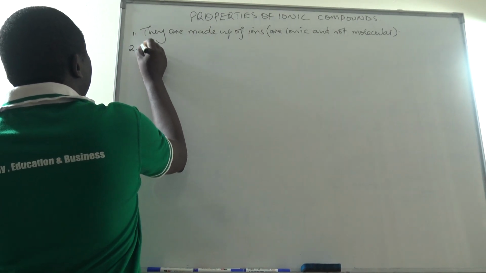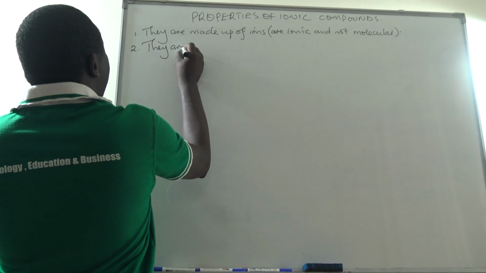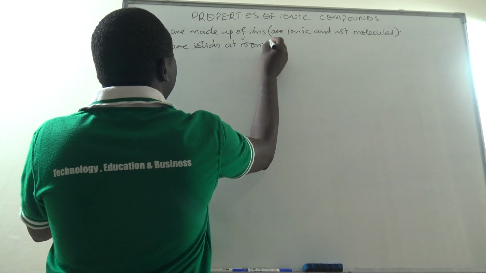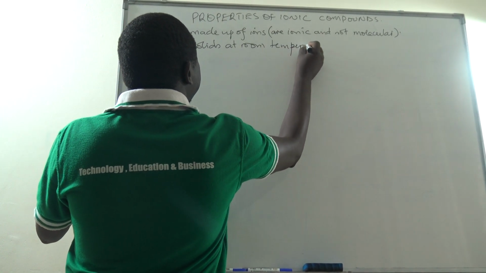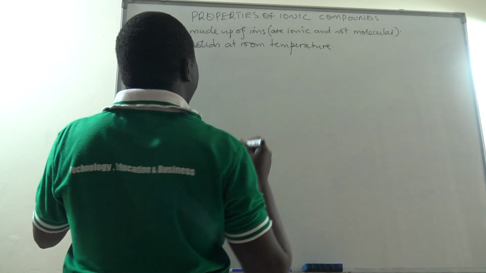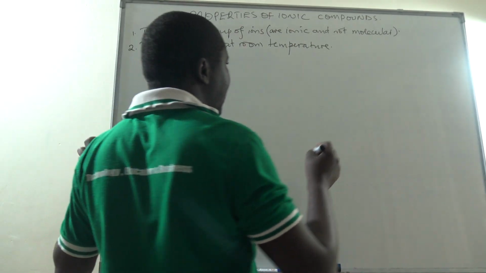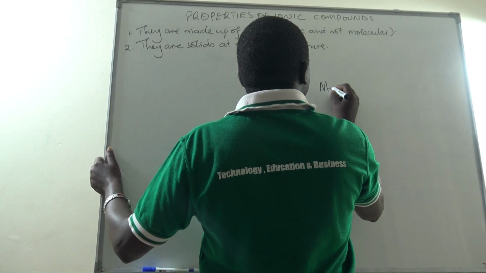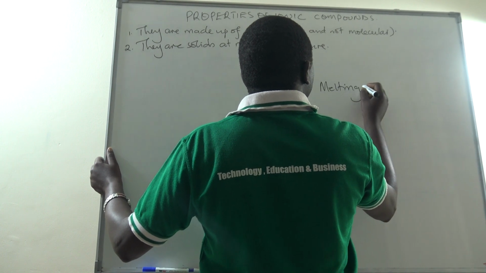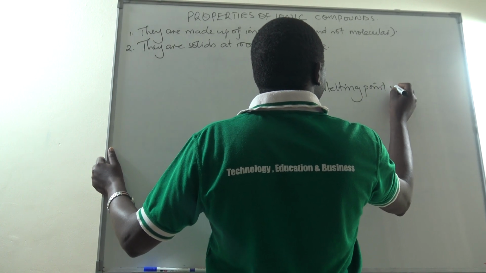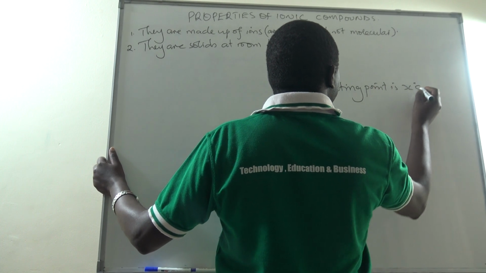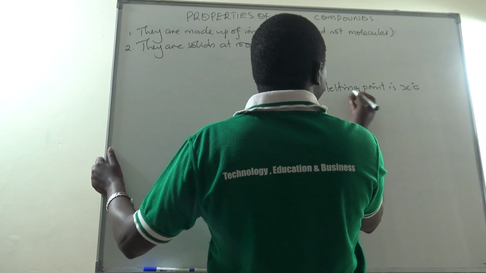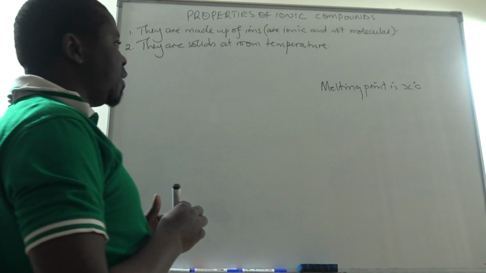Two, they are solids at room temperature. So a substance which is a solid at room temperature, supposing the melting point of that substance is X degrees C, let us talk of just the melting point, because melting is a process which leads to the formation of a liquid.